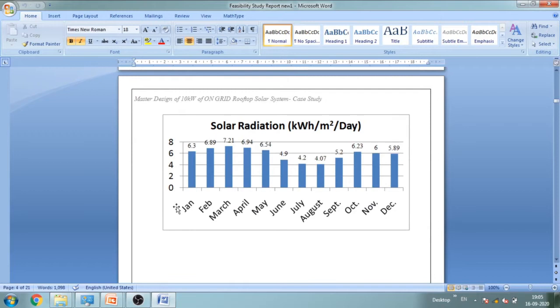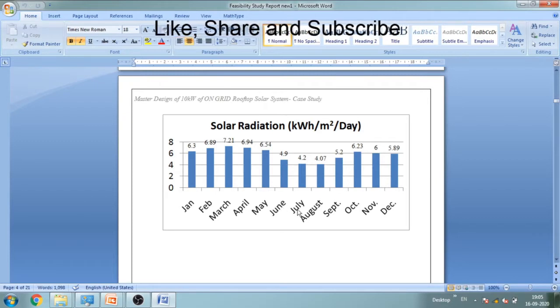Then we need to draw the graph of the GHI value. According to the GHI value, we can estimate in which month how much electricity is going to be generated from a solar system. According to the observation, in the months of January, February, March, April and May, the electricity generation in terms of kilowatt hour units by a solar system is higher.